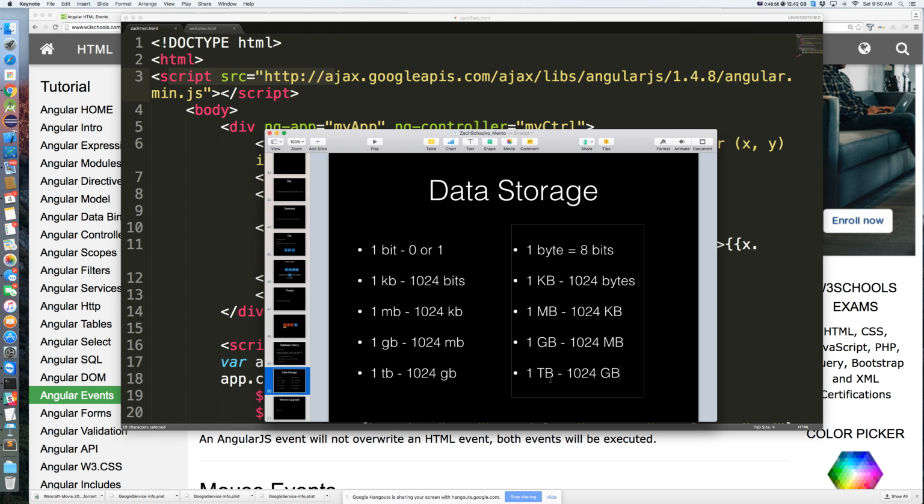So, important thing here is that big B means something different than little b. Okay? So, where this becomes interesting is with internet speeds.